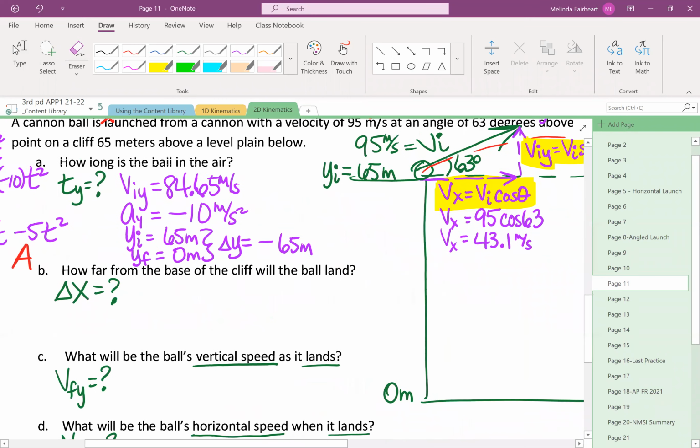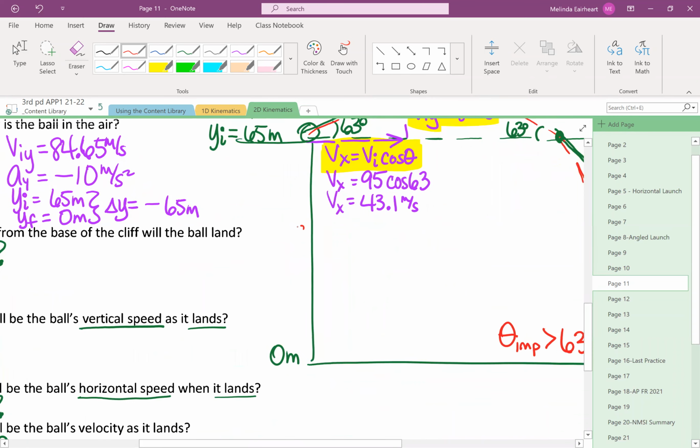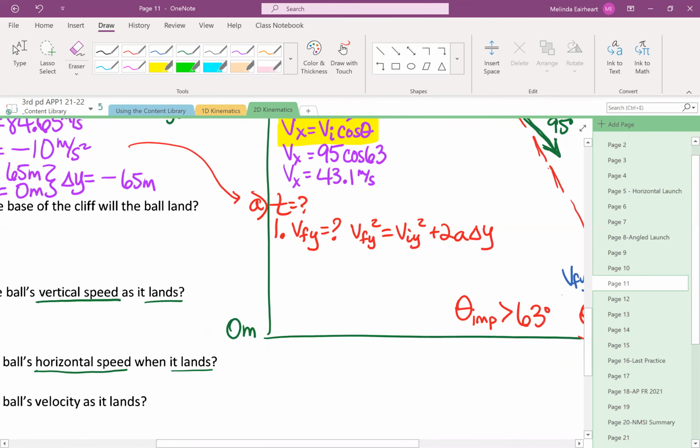Let's do the workaround, and I'm running out of room. So this is still part A. We're still looking for time. Okay. So if you don't use quadratic, step 1, solve for that final vertical velocity with the third equation. And then later we'll use the first equation, okay, to find time.